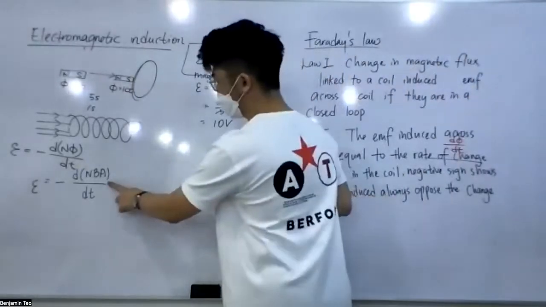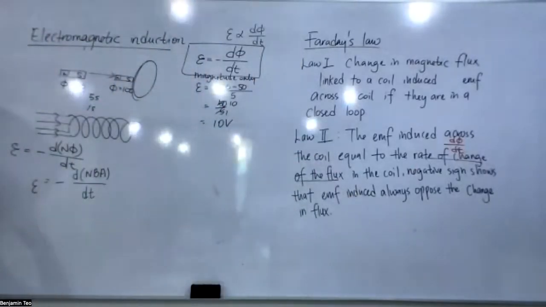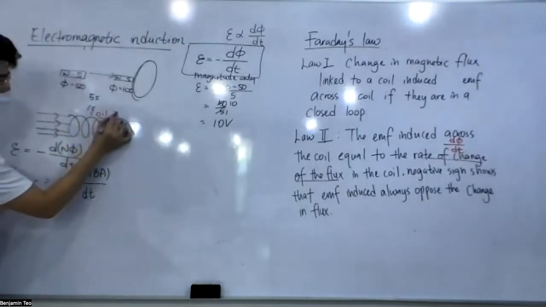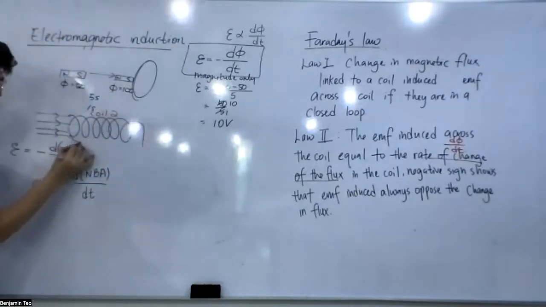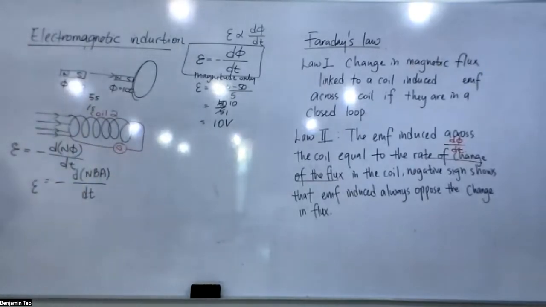From here, we can also get, let's say this is coil 2, a closed circuit. And here, this is coil 1, connected to a power supply and a switch.